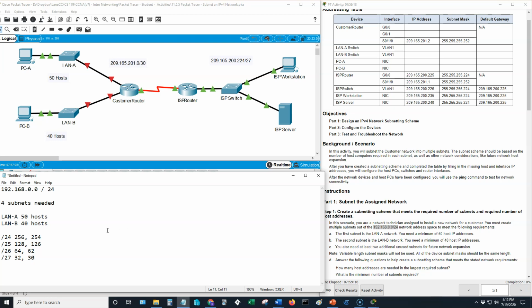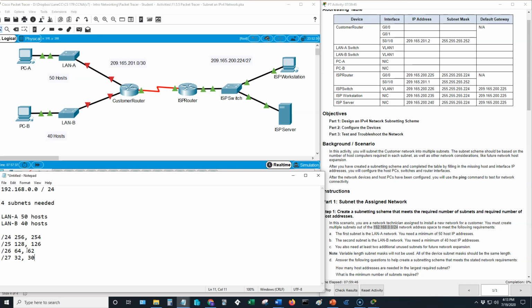I don't need to go any farther here, because if we look at our number of hosts needed, we need 50 or 40. If I were to break this down so far that I only had 30 available per subnet, that wouldn't work. 62, on the other hand, allows me enough space to put 40 hosts or 50 hosts into this.